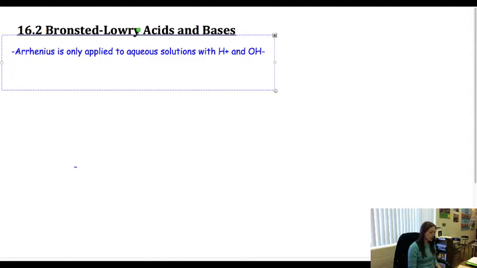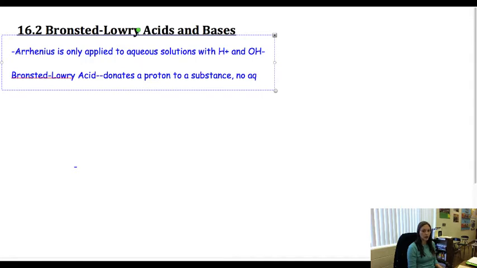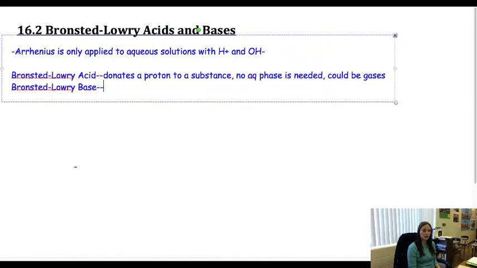Okay, when we talk about a Bronsted-Lowry acid or base, we're talking about donating a proton to a substance or accepting a proton from a substance. And a Bronsted-Lowry acid donates a proton to a substance. Okay, again, no aqueous phase is needed. You could have gases. A Bronsted-Lowry base is something that accepts a proton. And again, no aqueous phase is needed.